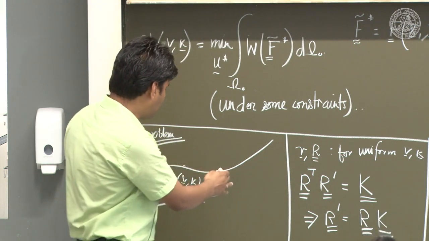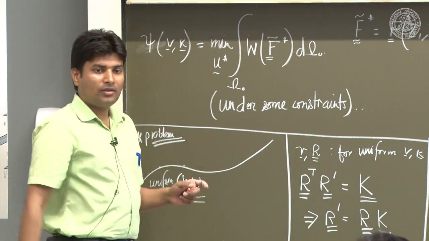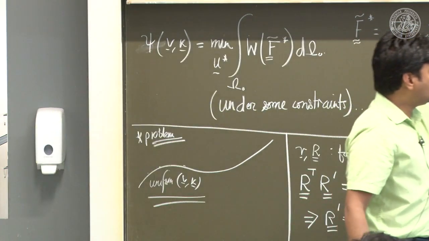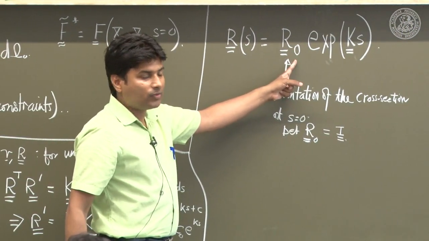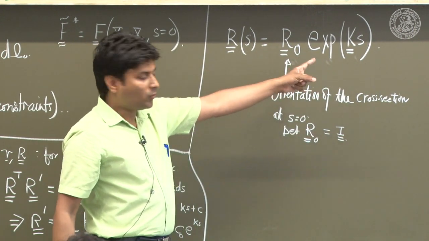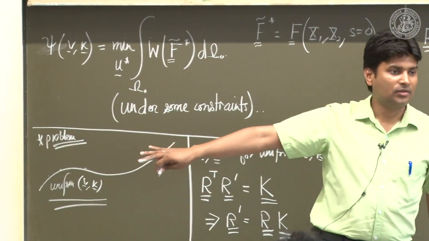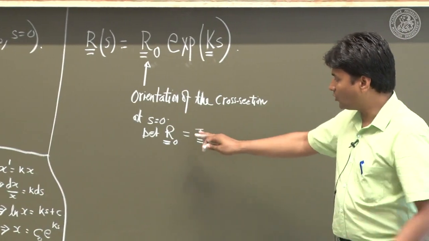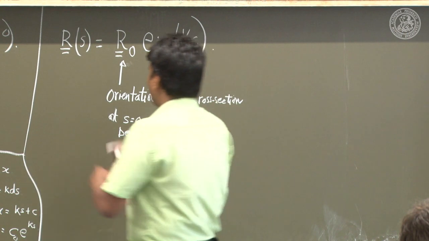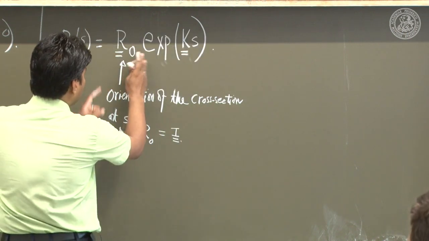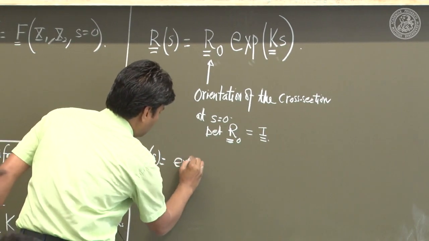So, that is what is happening here, because we have only prescribed V and K. So, there are so many solutions. You can have any R naught, still the rod will have same K. For any R naught, the rod will have same curvature. So, why do not we just set R naught equal to identity to just get one of those solutions. Okay. So, set this equal to identity. So, your big R of s is equal to exponential of K s.